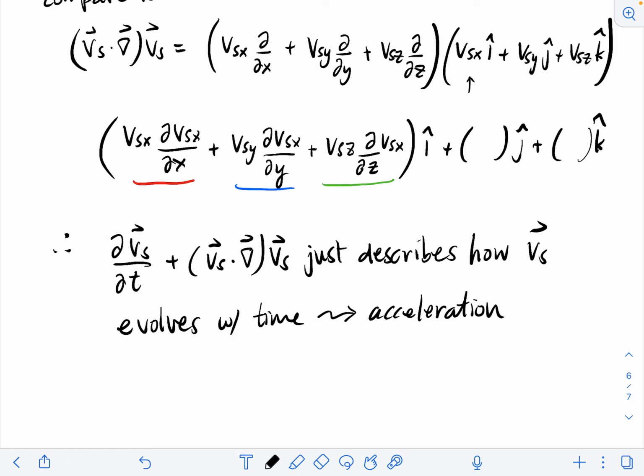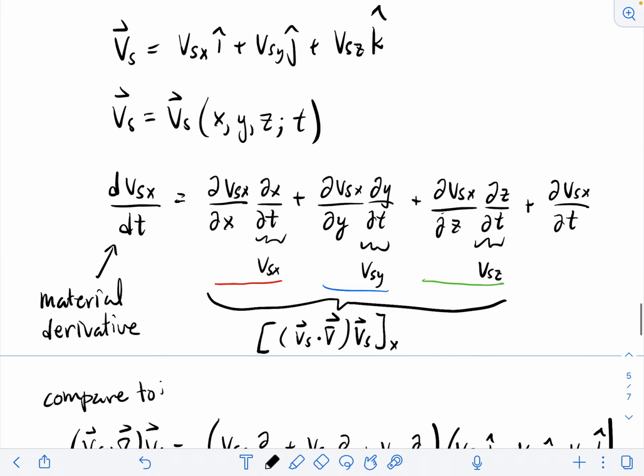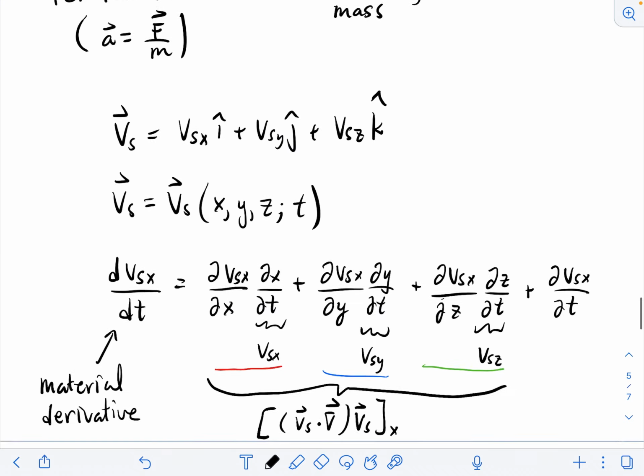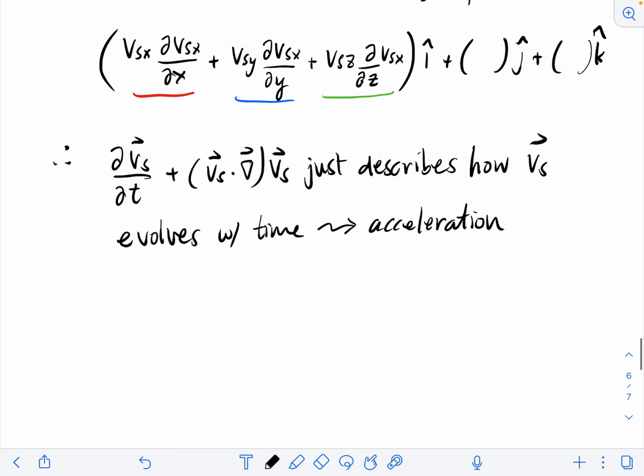Okay, and so let's just then rewrite this equation number star so we have it nearby. So it's exactly this derivative, which we said is the acceleration. And then it's equal to minus the gradient of a force divided by the mass.